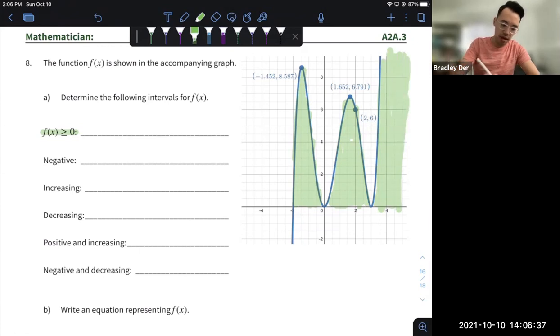But because our inequality says greater than or equal to, we are also going to include these intercepts, because f of x is equal to 0 at those points. So really, I think this is just -2 inclusive onwards to infinity, right? We're going to include -2 right here and every x value after that. So -2 to infinity.